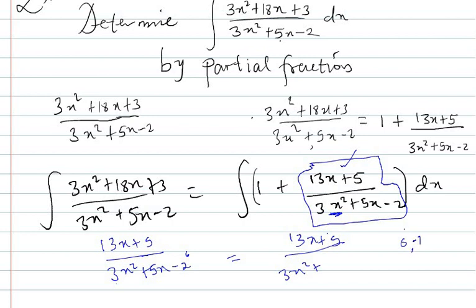If we add them, 6 minus 1 gives plus 5, and if we multiply them, it gives minus 6. So it's good. We can say plus 6x minus x, then minus 2.